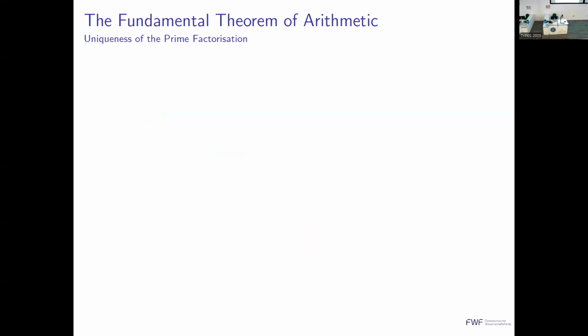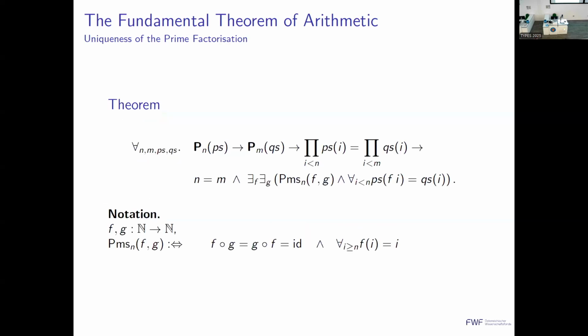Because of time reasons, I will just show you now the formulation of the uniqueness. For the uniqueness, you assume you already have two prime factorizations, where the number of factors is equal, and you get some f and g. Here again, you have permutations.